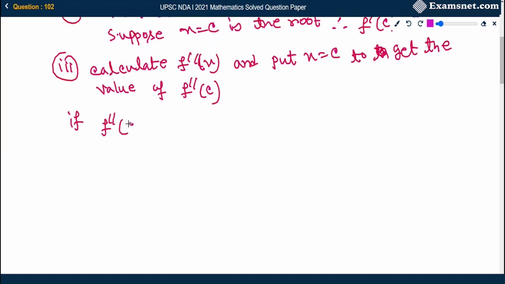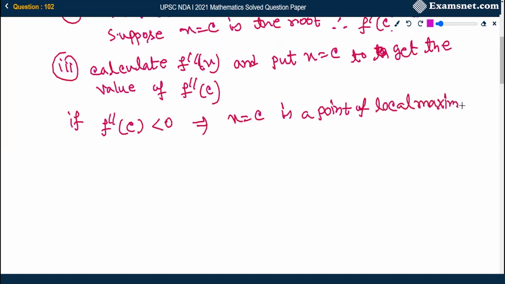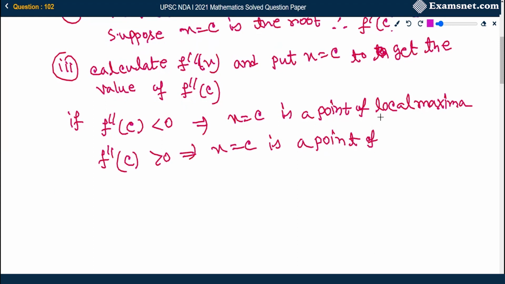If f double dash c is less than or equal to 0, then x equals c is a point of local maxima. If f double dash c is greater than or equal to 0, then x equals c is a point of local minima.